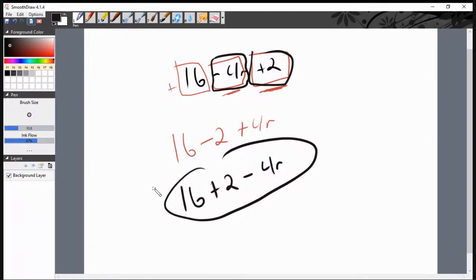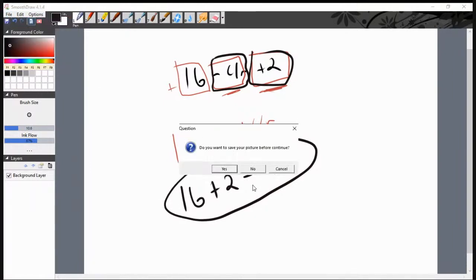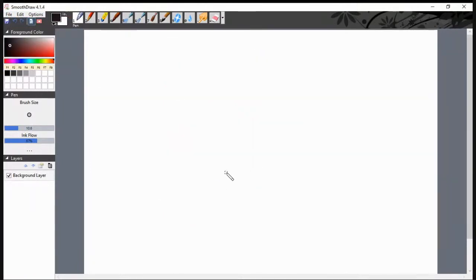All right. Does everybody understand what I just said? When you're looking at a problem like that, let's look at another one. 18p plus 4 plus 6p. Okay. Is that simplified or not simplified?